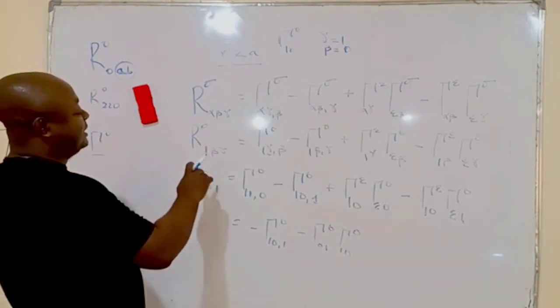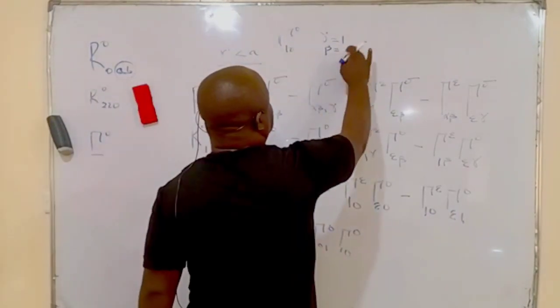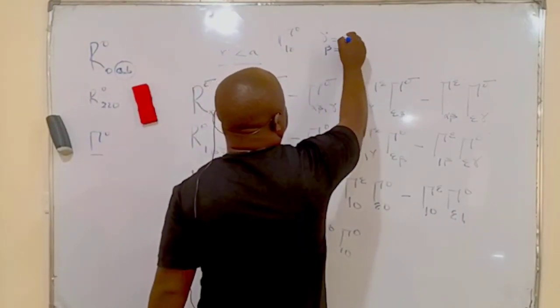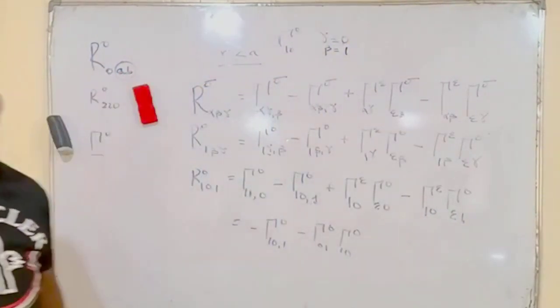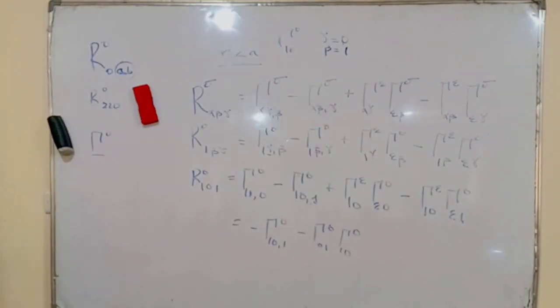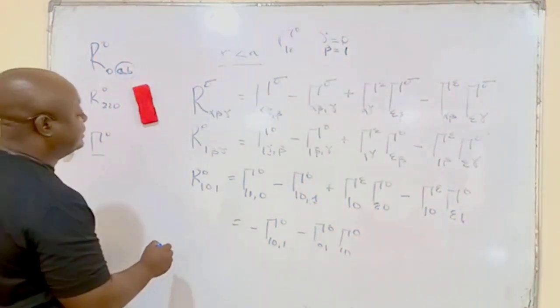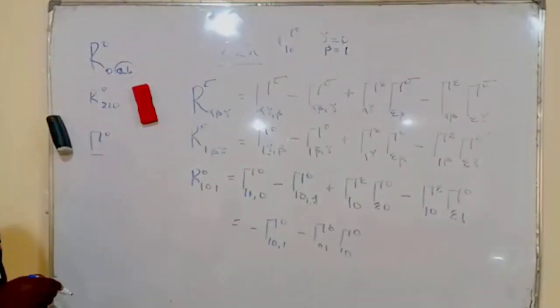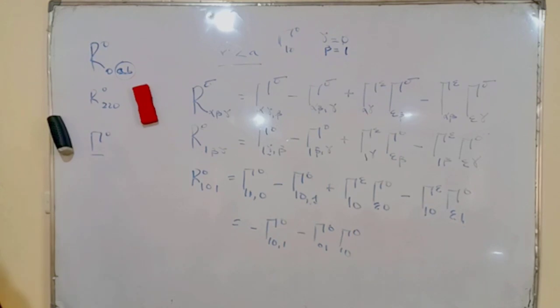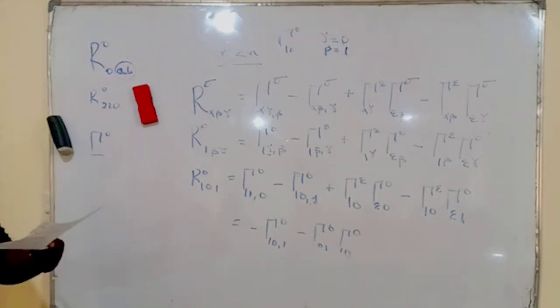Okay, let's do the case where beta is 1, gamma is 0. Okay? Where beta is 1, gamma is 0. So in that case, you are going to have that. That's what I'm saying. I want to do that one.